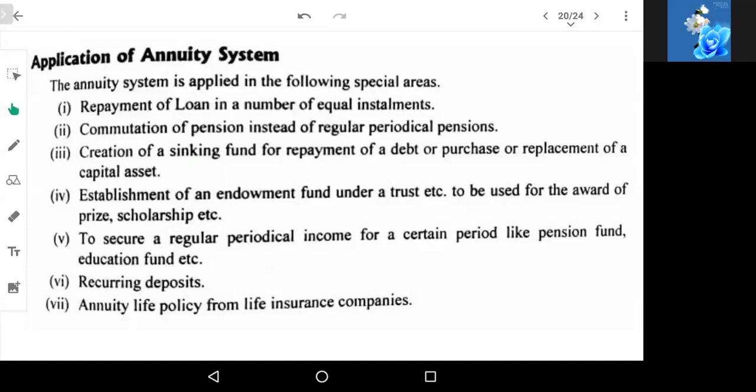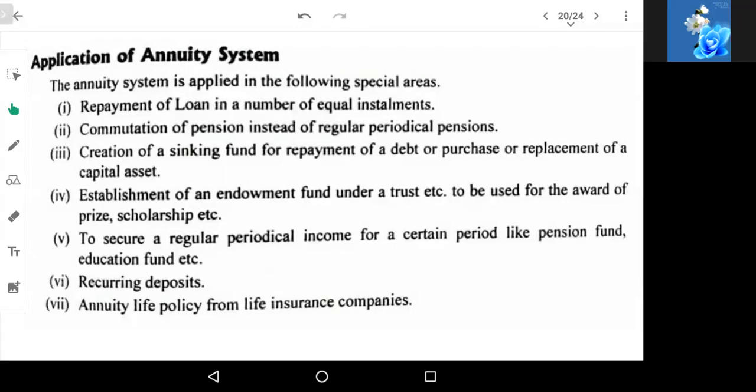Colleges and all will run on the trust only. So under the trust they will have this endowment fund. Using that endowment fund is how they give the prizes or scholarships. And every month when they are saving some amount and putting it into the endowment fund, that concept also is annuity, where they utilize it.